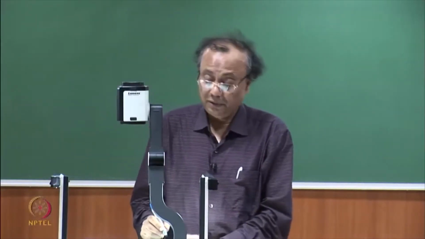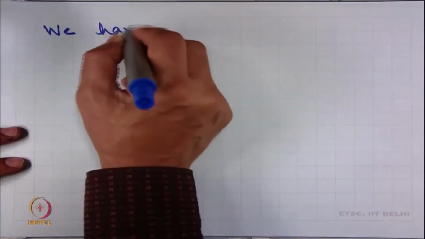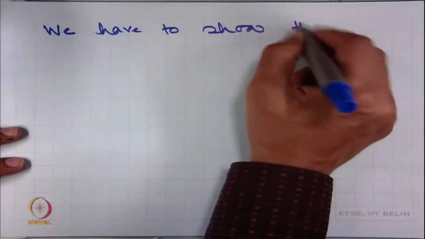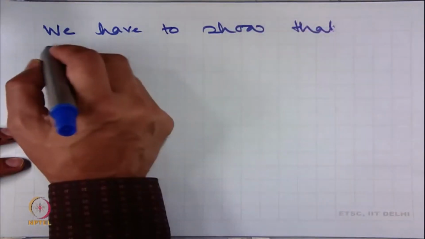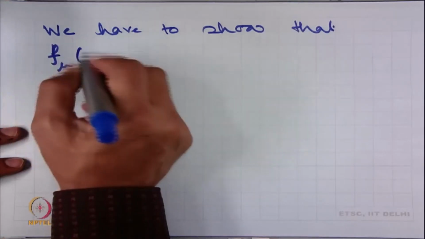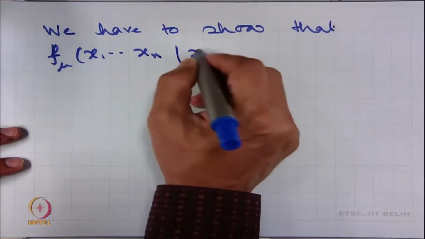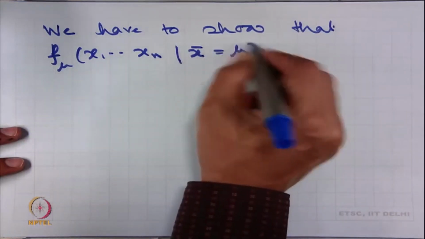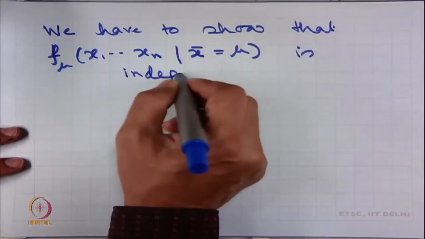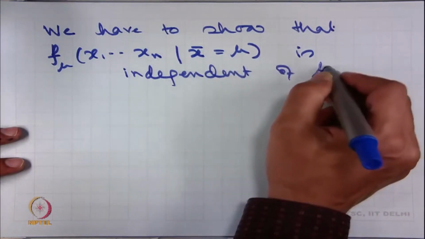What we have to show is that the joint density of x1, x2, ..., xn given x bar is equal to mu is independent of mu.